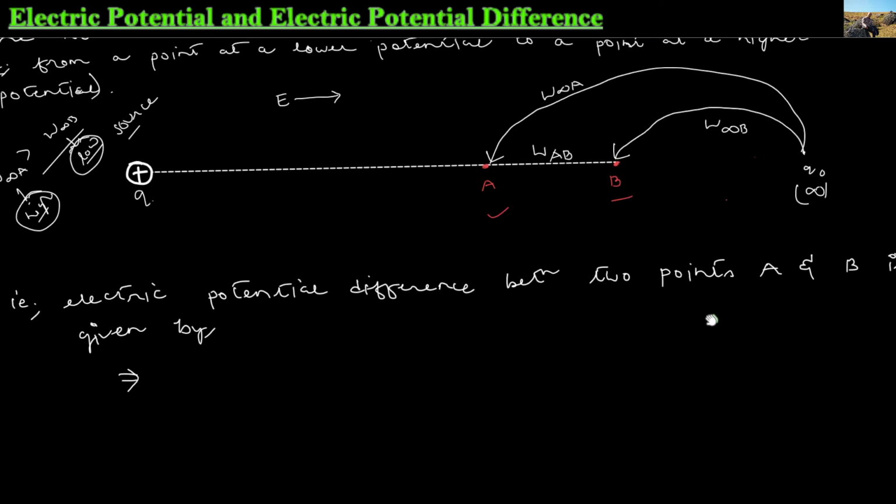So from here, this electric potential difference between 2 points is given by an expression.